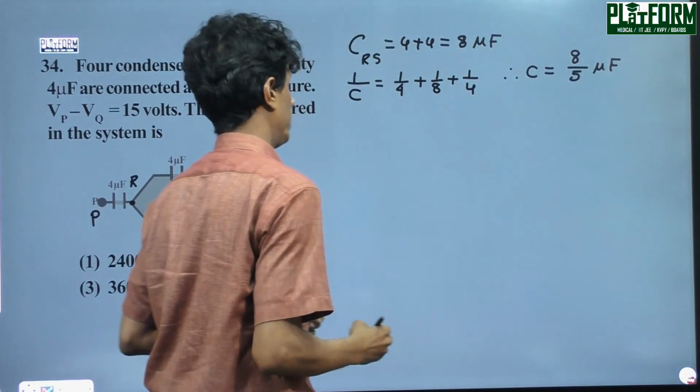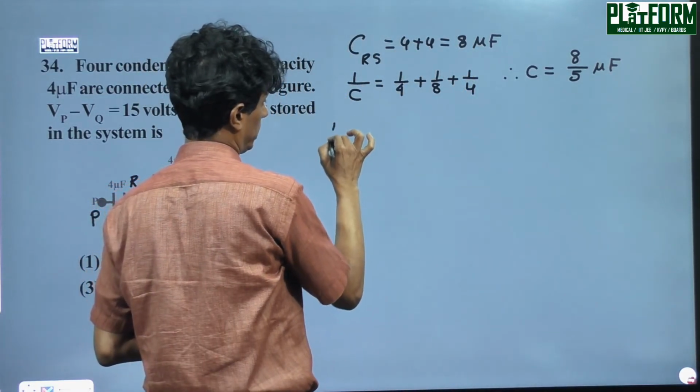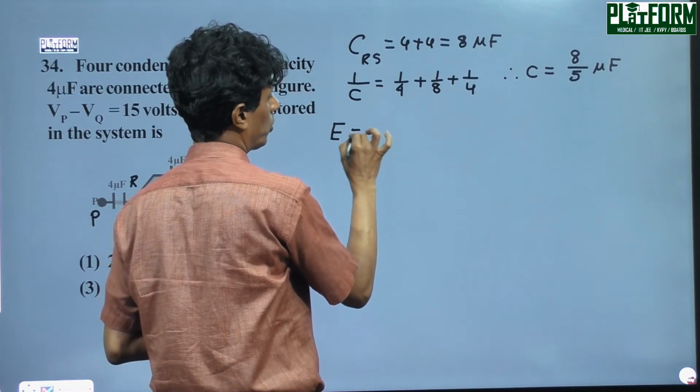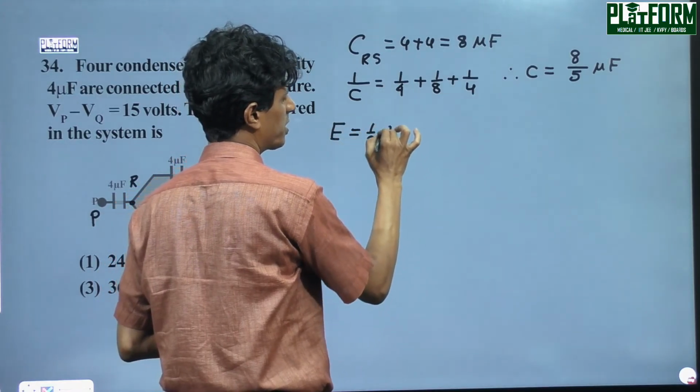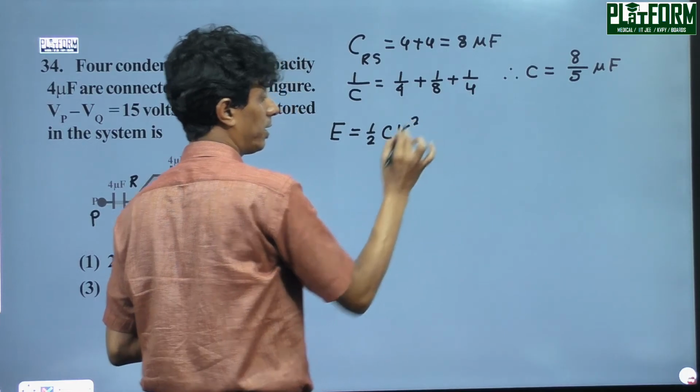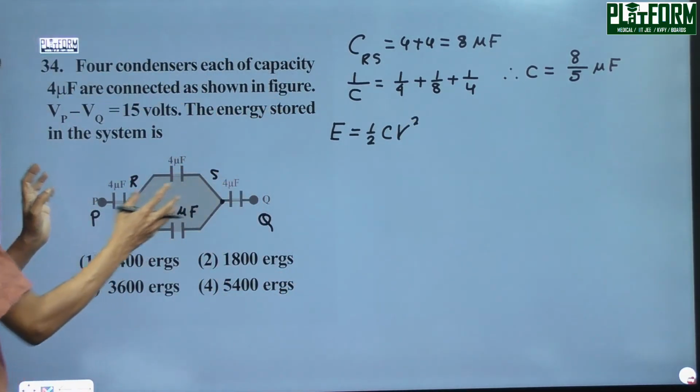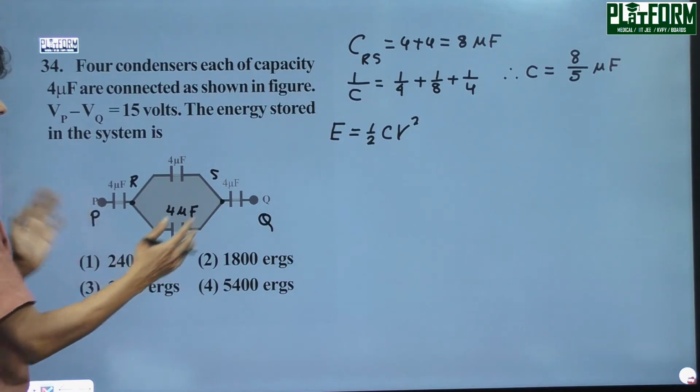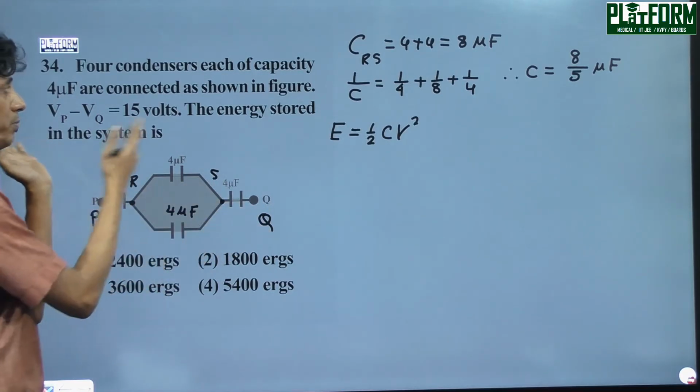Energy stored is equal to half C V square. It is a simple question: you just have to find the equivalent capacitance of this combination, and the potential difference given across P and Q is 15 volt.